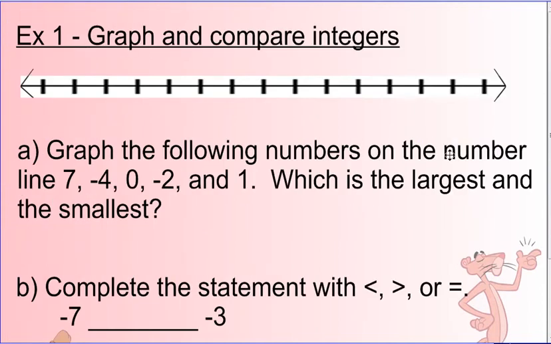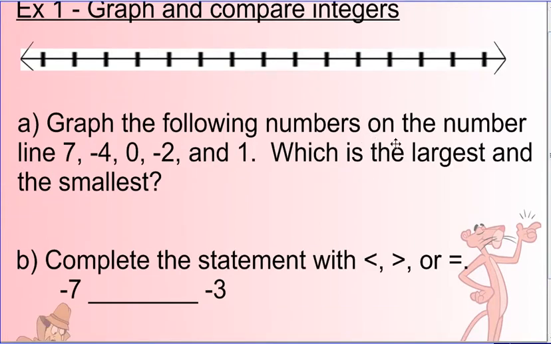So here it wants us to graph the following numbers on the number line, and it says which is the largest and which is the smallest. So if we take these numbers here, and we want to put them on this number line someplace, well, first thing I would do is find out what my smallest number is.